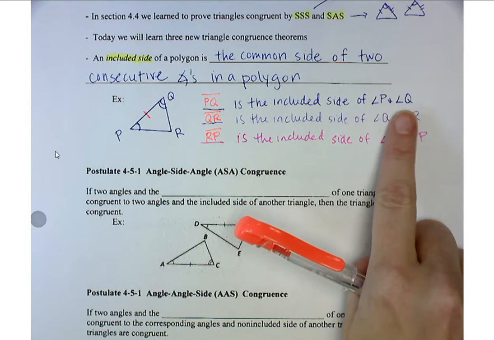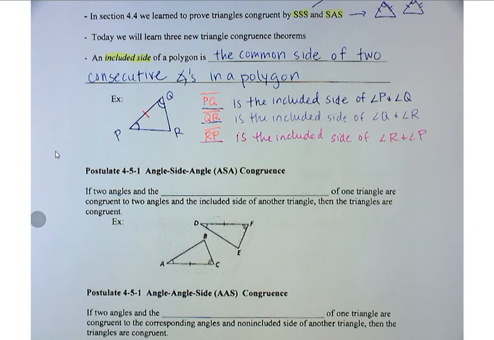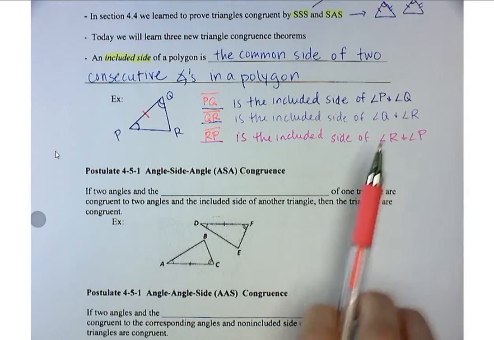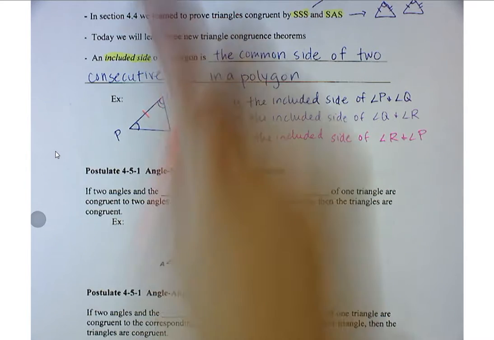What's your pattern here? Nate, how could you explain this to somebody? What do you notice between the angles and then the segment that's in between them? That they're the same. What part's the same? The angle or the segment part? When you're naming the segment, what has to be? Oh, the angle.